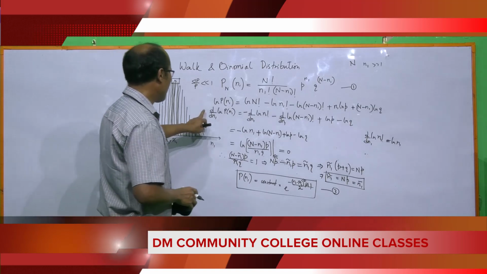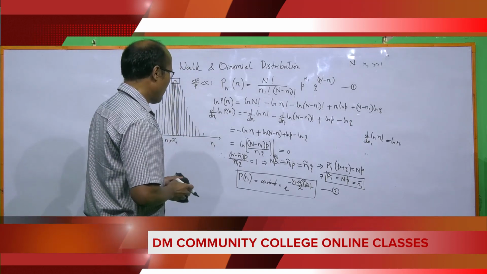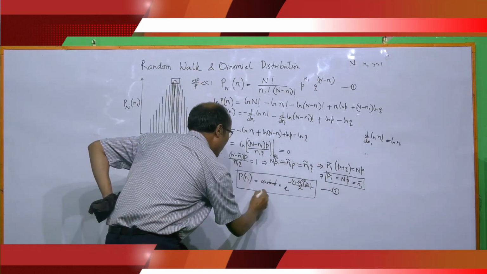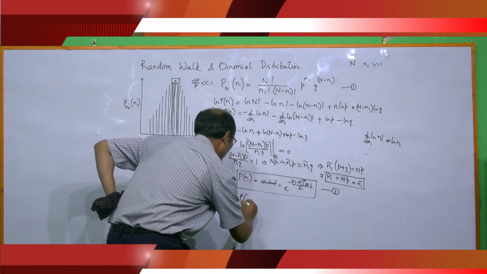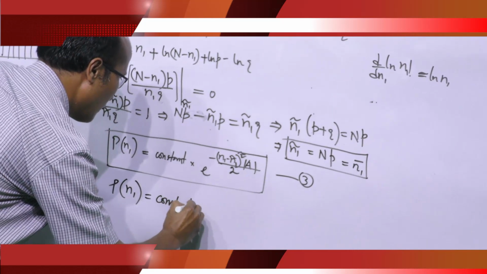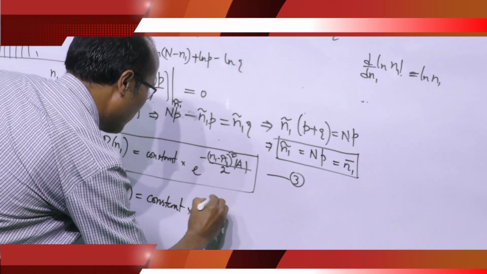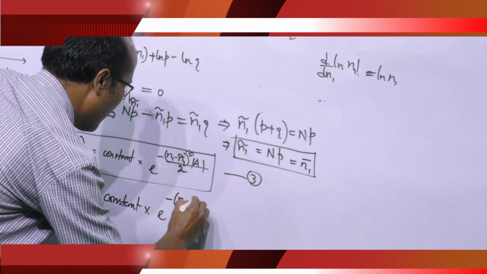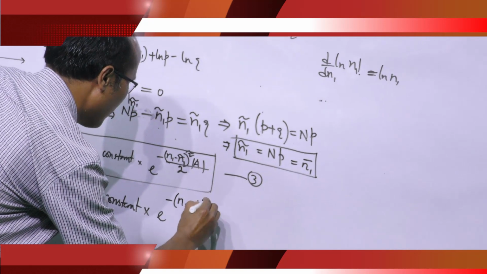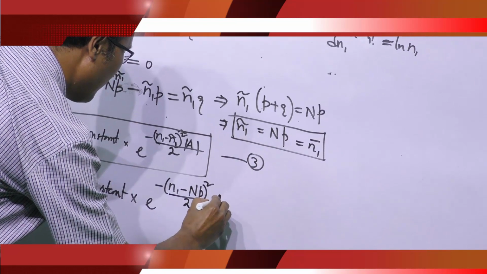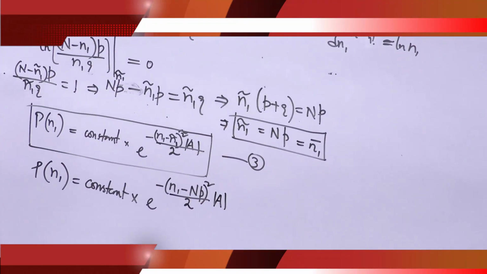Then let us double differentiate this log of P(n). From this probability distribution, we get P(n1) is equal to some constant times e to the power minus (n1 minus np) squared divided by 2|A|.